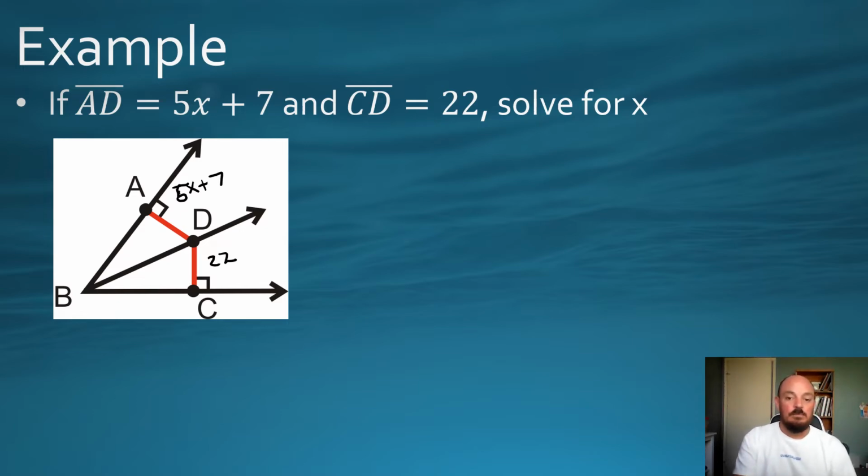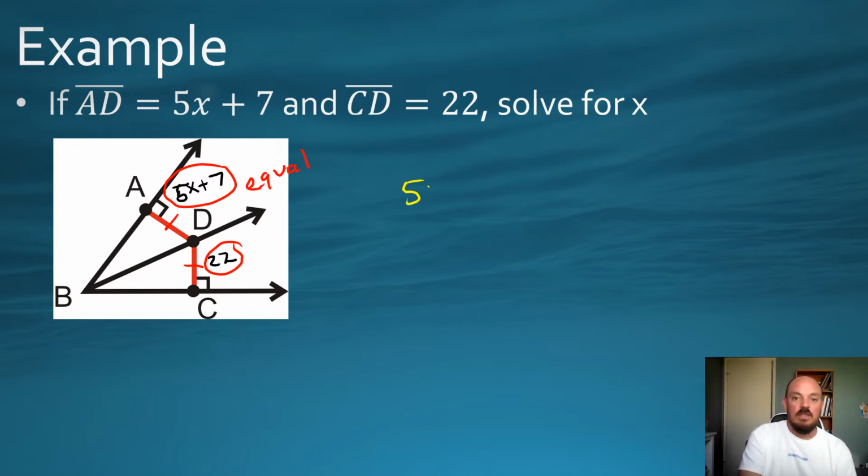So the first step, we talked about this in yesterday's notes, the first step to this type of question is to realize the relationship, and we just said the relationship. The relationship is that these two line segments are congruent, or basically these two expressions here are equal. If I give you the length of two congruent line segments, then those things are equal. So that's how I'm going to solve the problem.